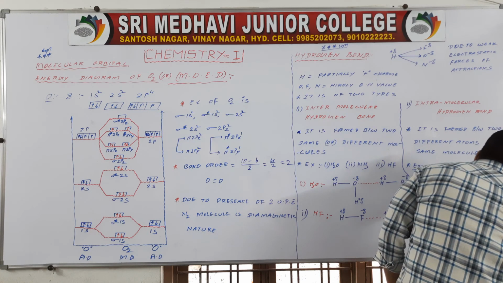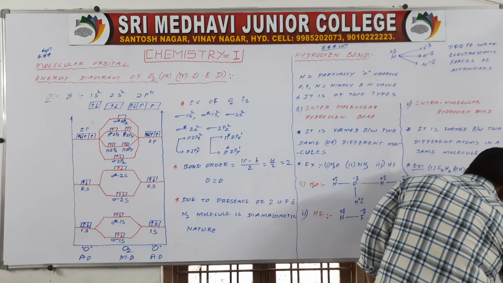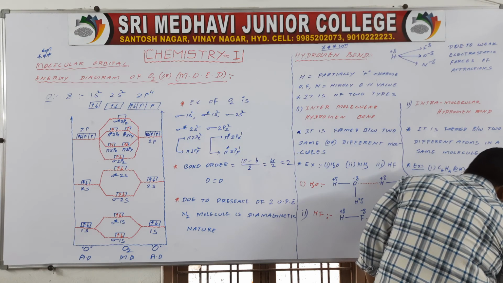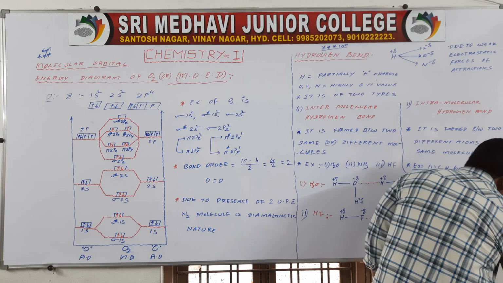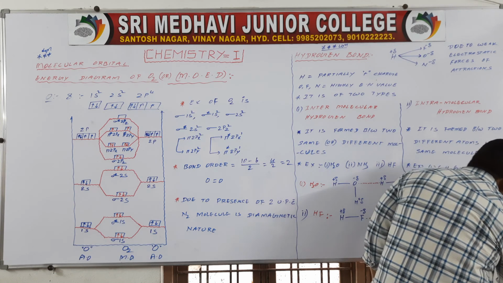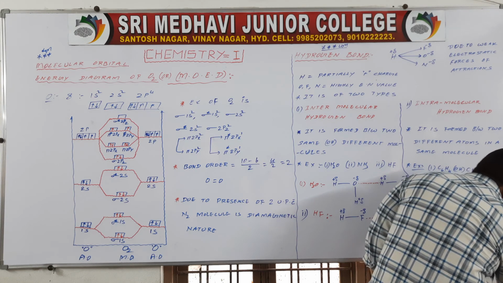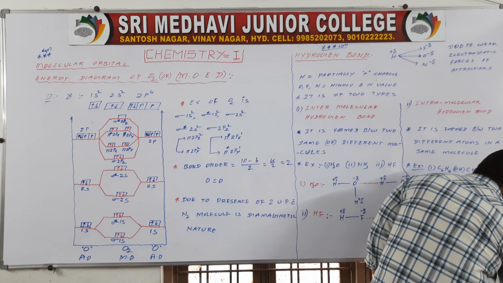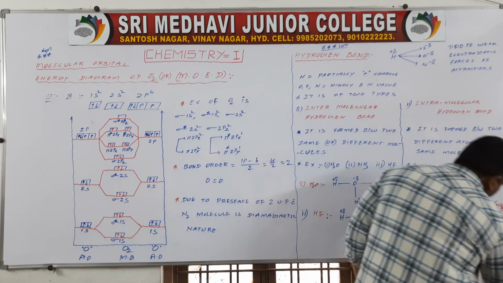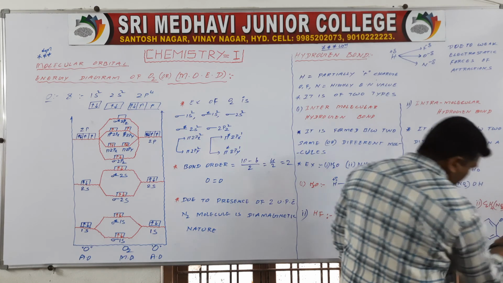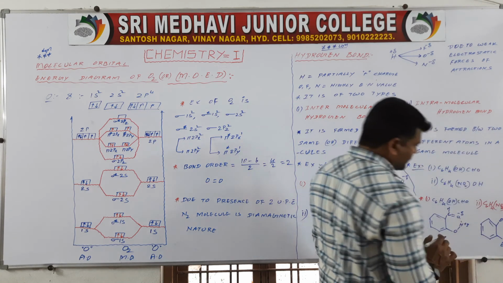Next, second one, C6H4(NO2)OH. Okay, so here it is a O and it is a H. Here it is a N double bond O and it is a O. Okay, now the bond between hydrogen and these two, it is negative delta, it is a positive delta.